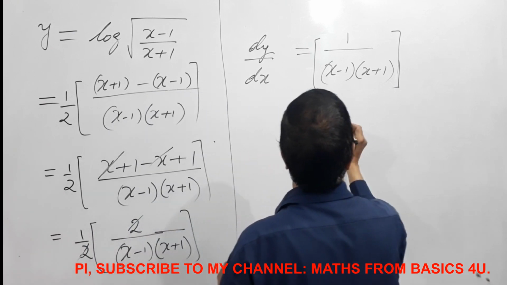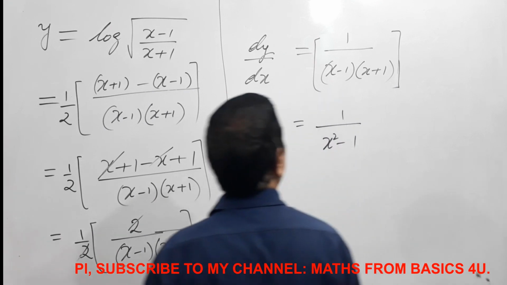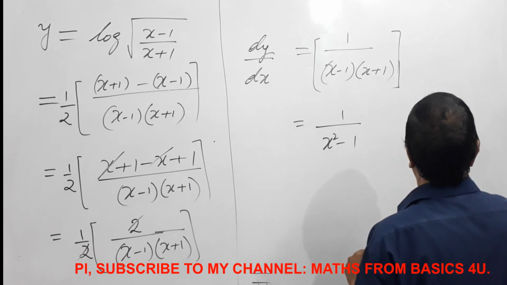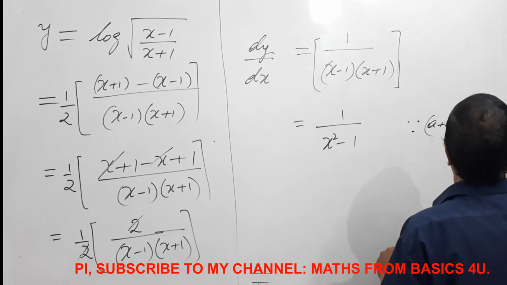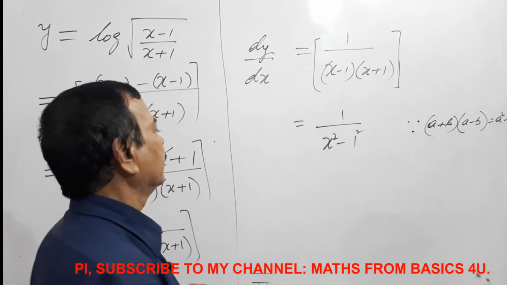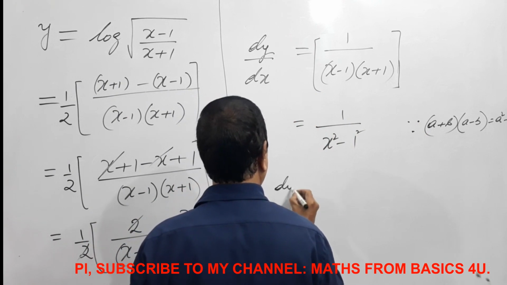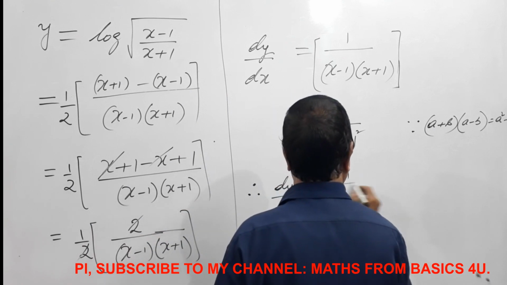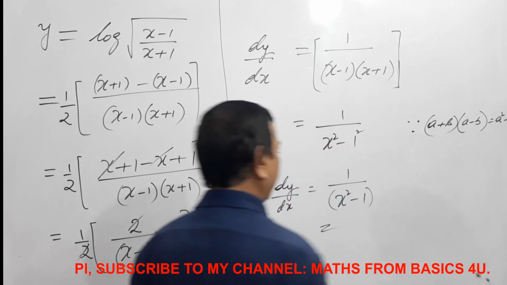That is further equals 1 by x square minus 1, since a plus b into a minus b equals a square minus b square. So if you want, you can write 1 square. Therefore dy by dx equals 1 by x square minus 1. This is the required answer.